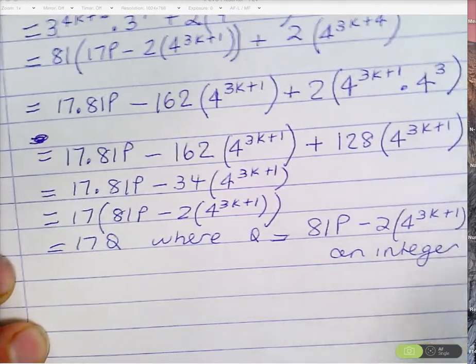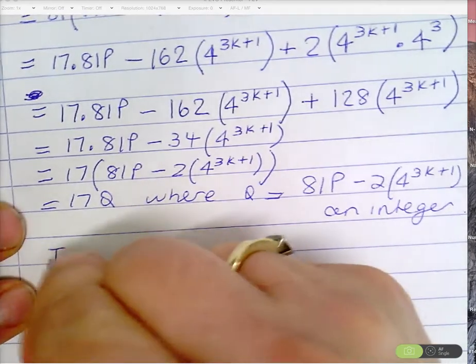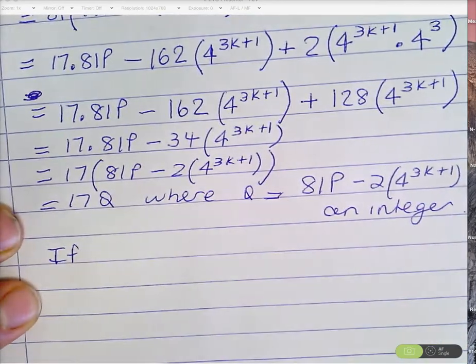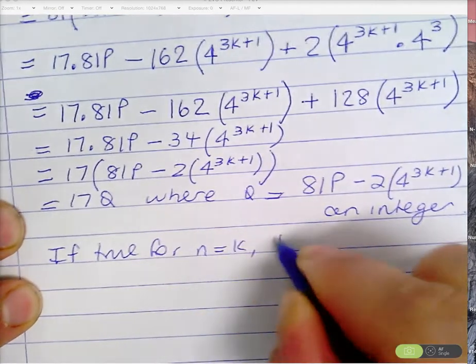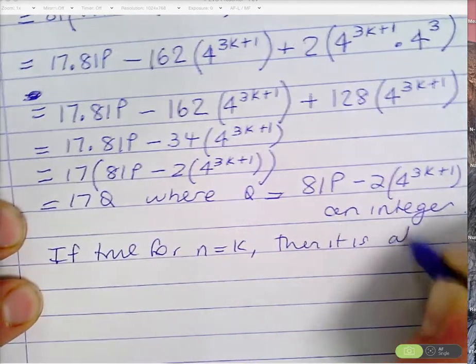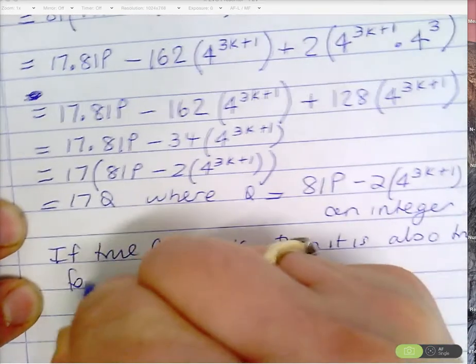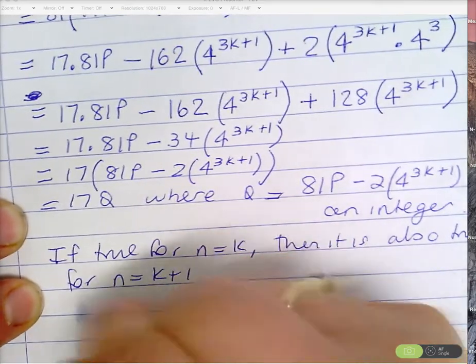So, summary, going back to step 2 with the assumption, if it's true for n equals k, then it is also true for n equals k plus 1.